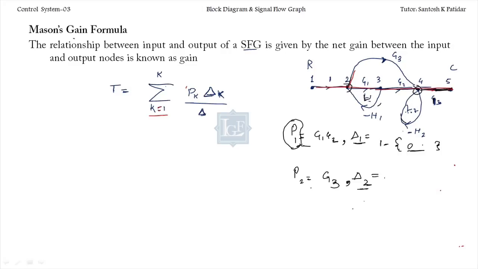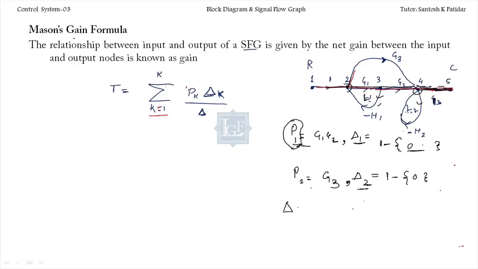What will be the value of del 2? Del 2 will be 1 minus, which one is the path? Sorry, this P1 is this path, right? The P1 is this path. So del 1 corresponding to this is 1 minus, here I'll consider the loop gains which are not touching with this path, but in this case both are touching with this, so it's 0. Similarly for del 2 also it will be 0. Okay.